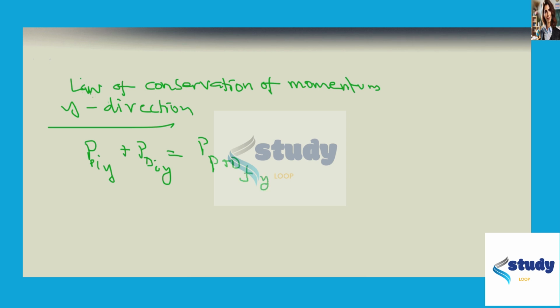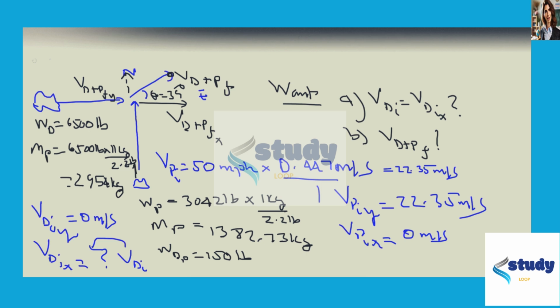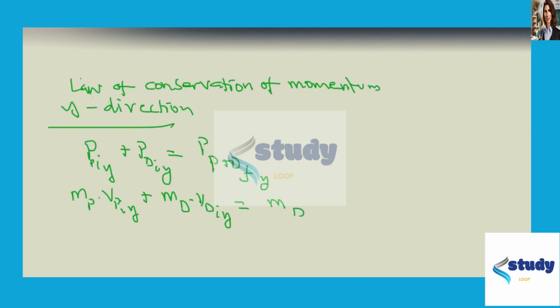So this is the mass of the Prius times the initial velocity of the Prius in the y, plus the mass of the Durango times the initial velocity of the Durango in the y direction equals the mass of the, we're combining the Durango and the Prius because they're colliding, their mass together, times their final velocity in the y direction.